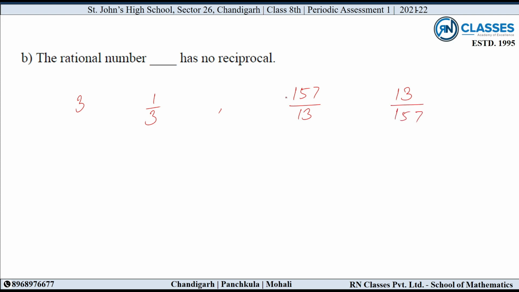If it is a negative number like minus 1, then again it will be minus. Let's take a rational number like 0. What would be the reciprocal? 1 by 0. Oh, 1 by 0. 0 in the denominator. It is not defined. Important thing. So, rational number 0 has no reciprocal.